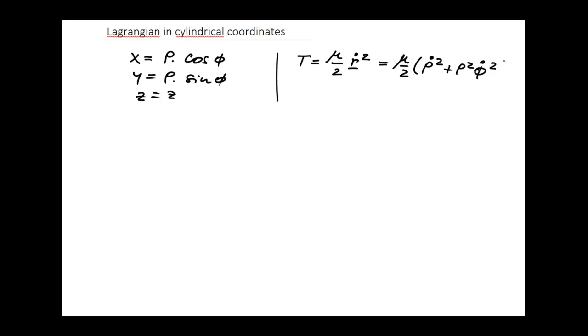So I close the bracket here, and as a reminder I write z and z dot are always 0.